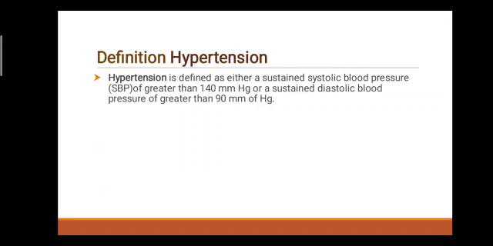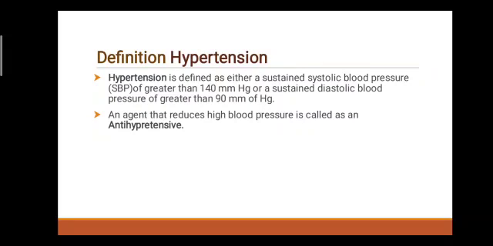Firstly, we will discuss the definition of hypertension. Hypertension is defined as either a sustained systolic blood pressure (SBP) of greater than 140 mm of Hg or a sustained diastolic blood pressure of greater than 90 mm of Hg.